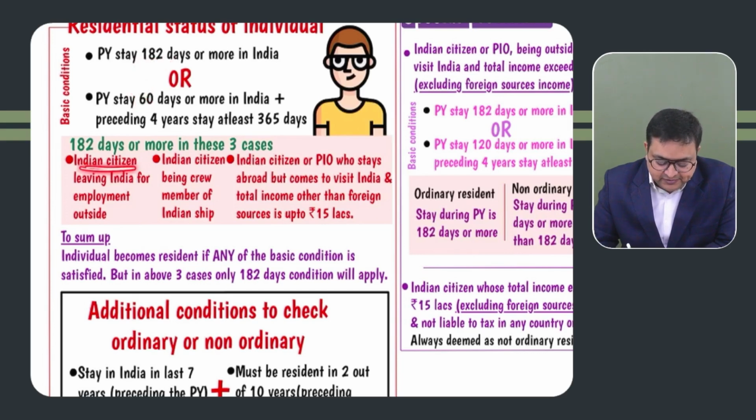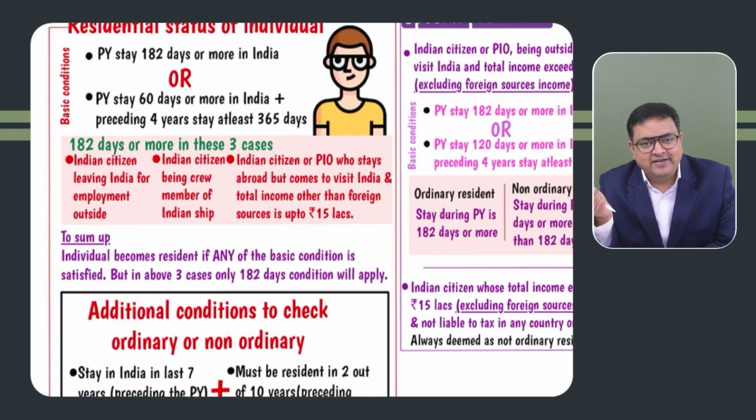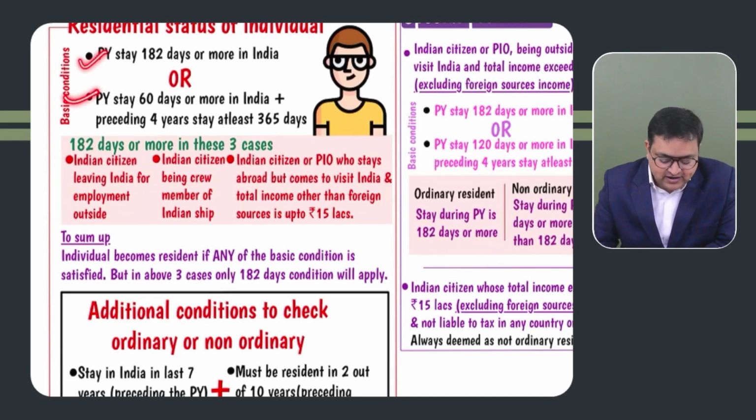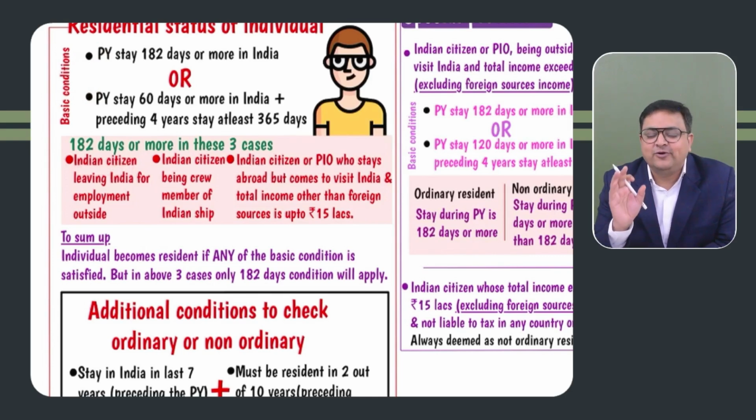But this person should be an Indian citizen. If a foreign citizen is leaving outside, then you can see both conditions. For an Indian citizen only, you will not see 60 days, you will see only 182 days.